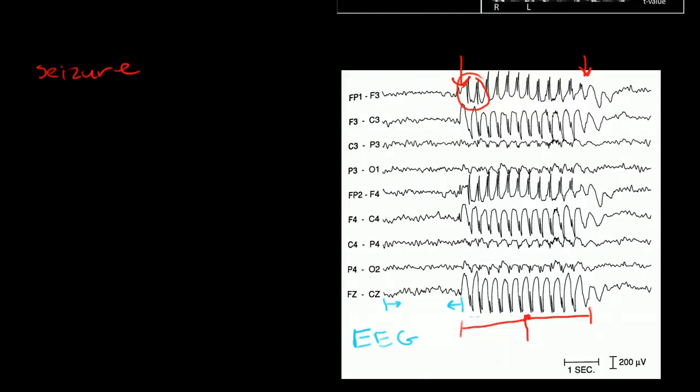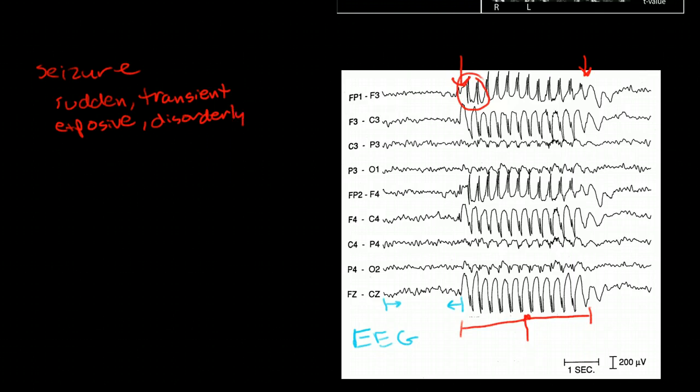Okay, so we have sudden but transient, explosive, and disorderly. So that defines the waveforms that we see in the EEG.